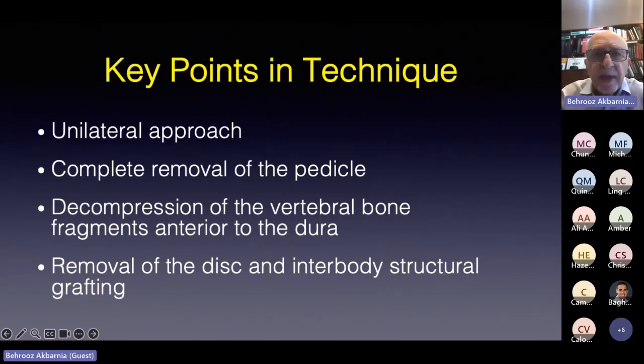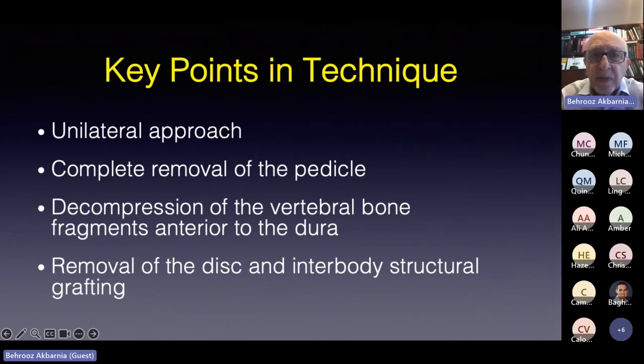The key points in the technique: it's a unilateral approach. Prior to this, there have been techniques going from both sides that really make it more unstable. There were techniques that go through the pedicle like a tube, which doesn't give you good and adequate exposure. But this requires a unilateral approach.